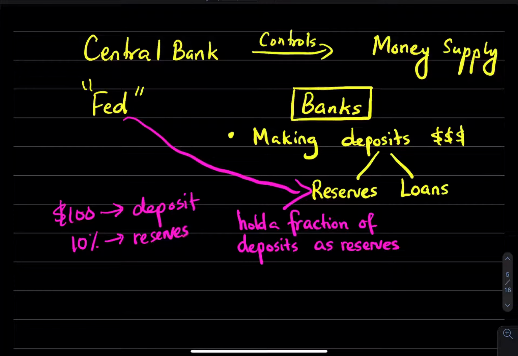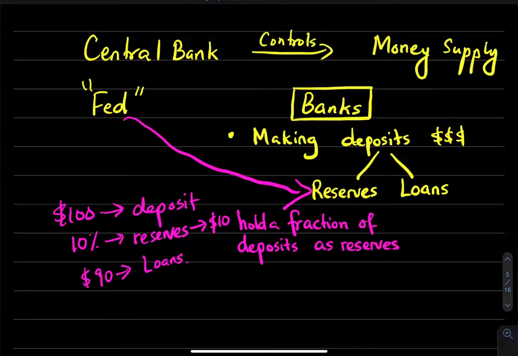Which would mean that reserves would be 10% of $100, which is $10. And so the bank is going to be left with $90 to make loans. In the event that you go back to the bank, you're not going to be the only one making a deposit. The bank is going to have some liquidity in the system where it can give you some money back.